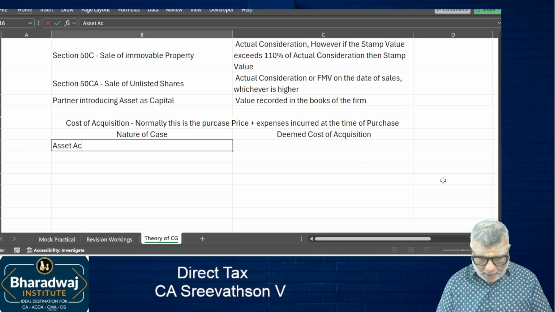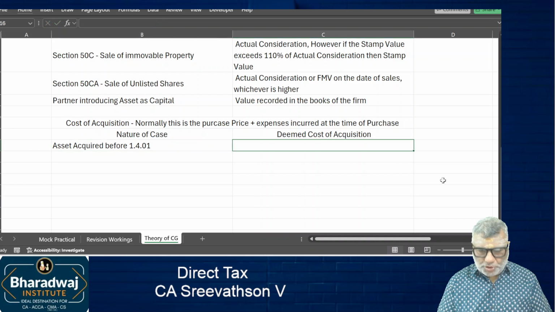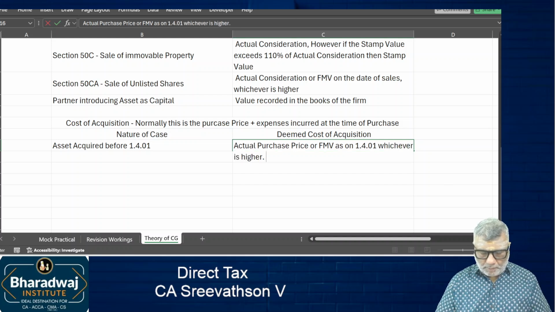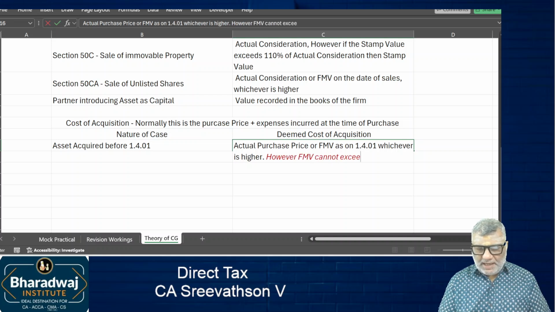Asset acquired before 1/4/2001: actual purchase price or FMV as on 1/4/2001, whichever is higher. However, FMV cannot exceed the stamp value prevailing on that date.